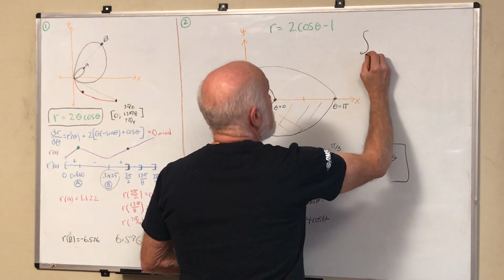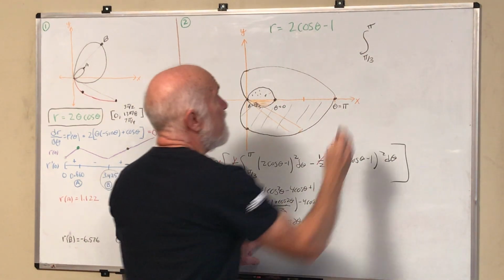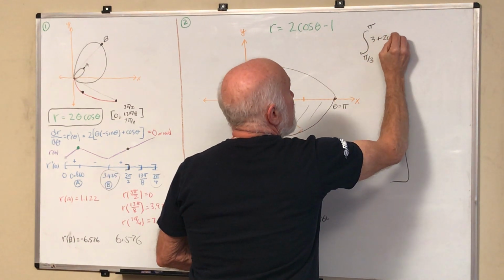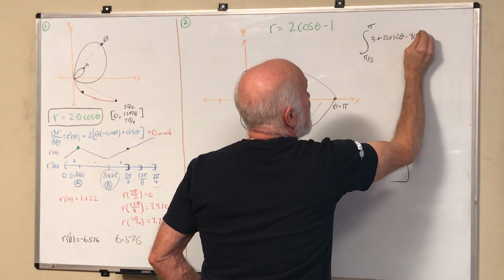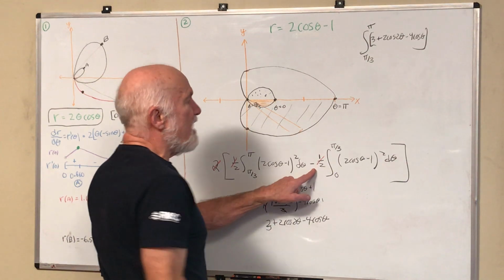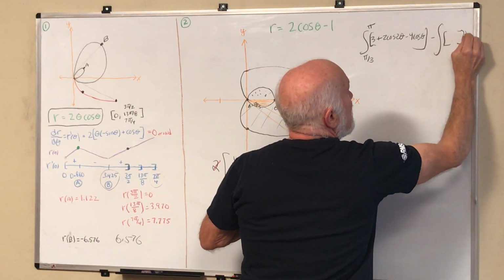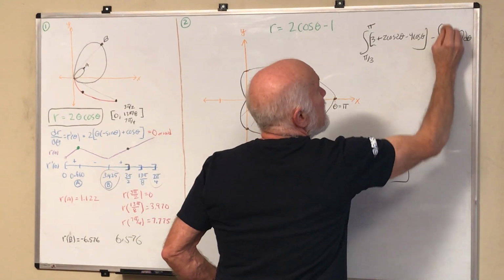From pi over 3 to pi of 3 plus 2 cosine of 2 theta minus 4 cosine of theta. And then I have to subtract out the same thing, I won't write it again, from 0 to pi over 3.